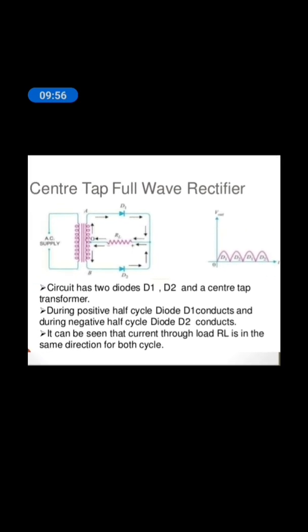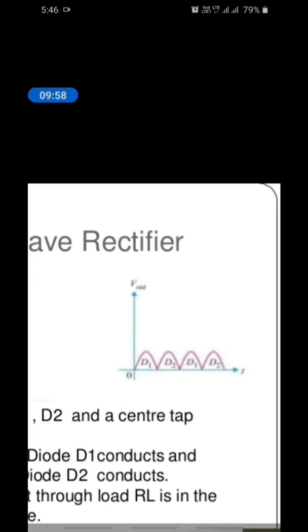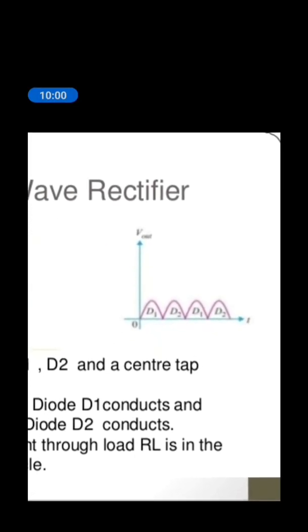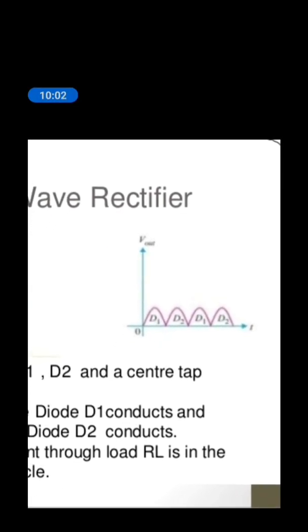Now in the diagram, we get output during the negative half cycle due to diode D2, and during positive half cycle we get output due to D1.